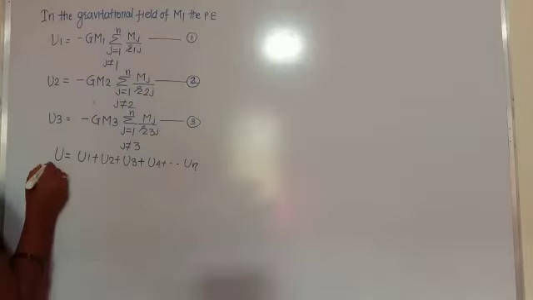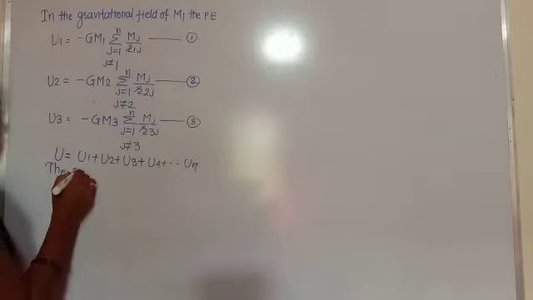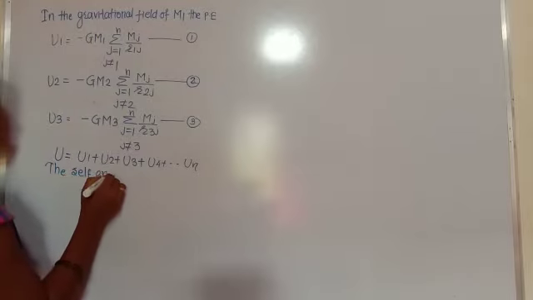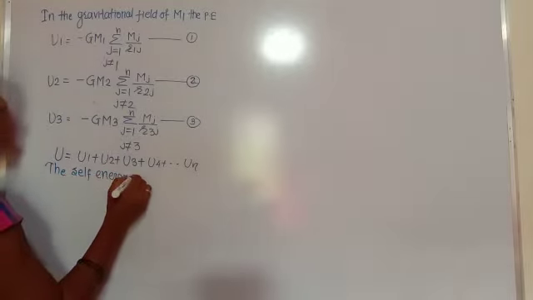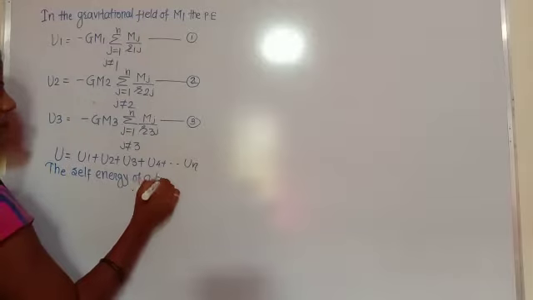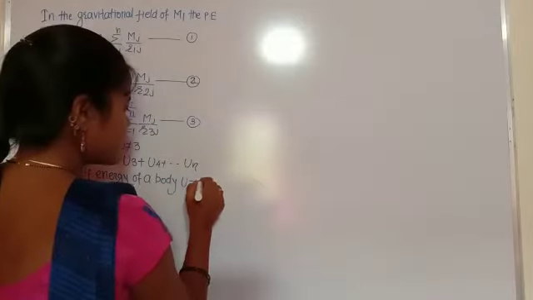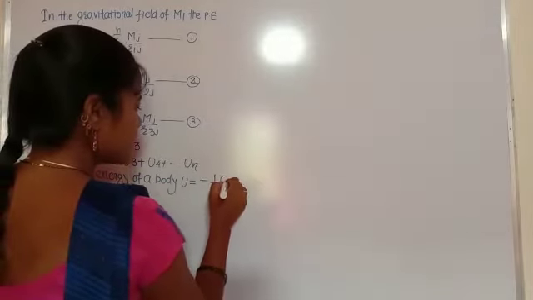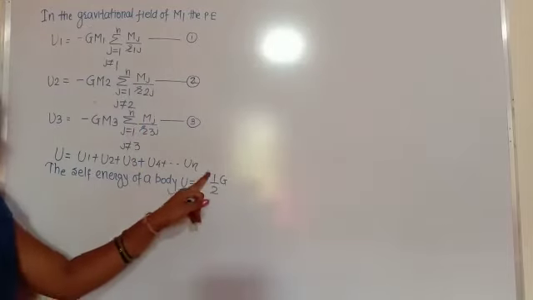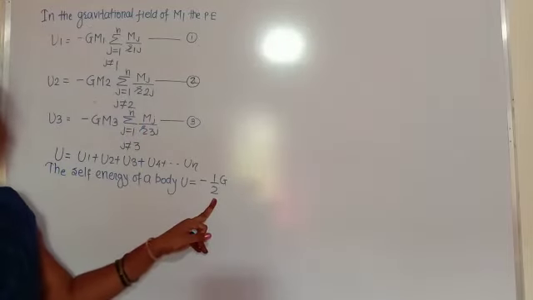Therefore the self energy of a body, U, is equal to minus 1 by 2 G, taking it common. This is the reason we write 1 by 2, because each term occurs twice in the summation.